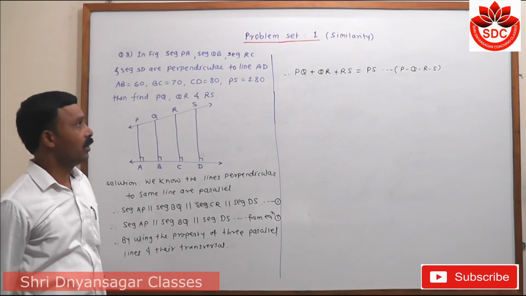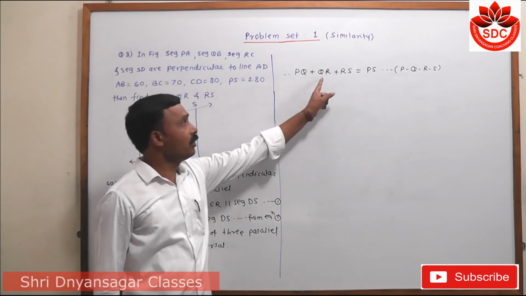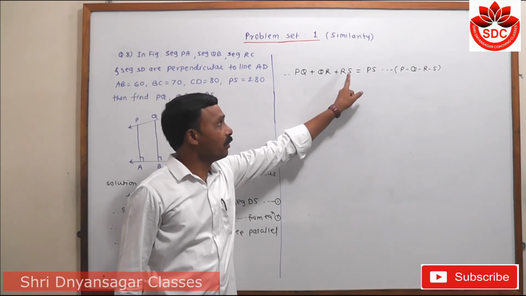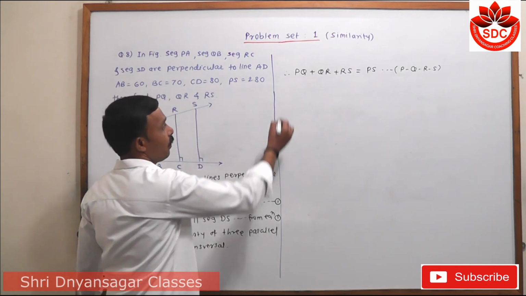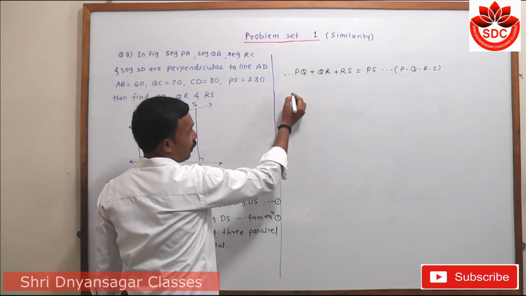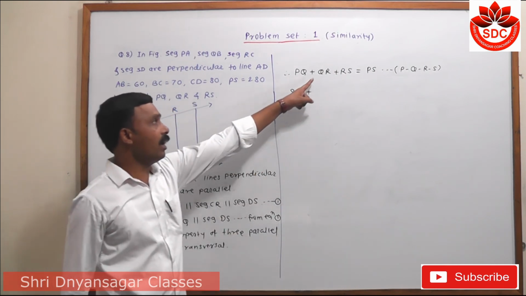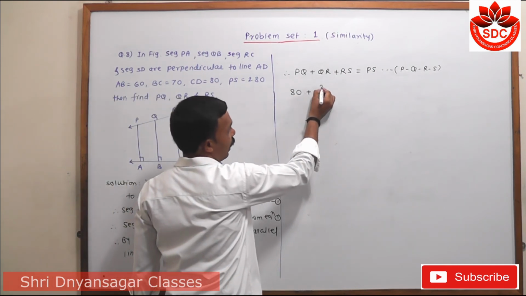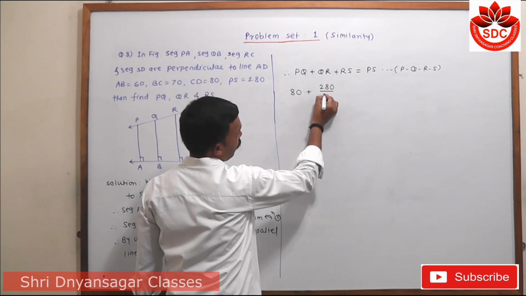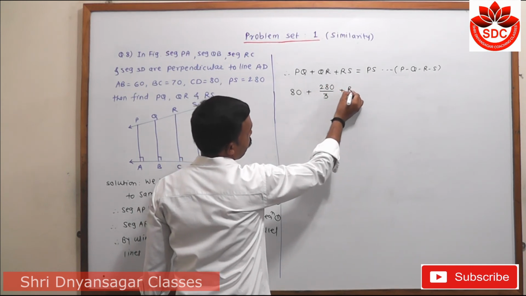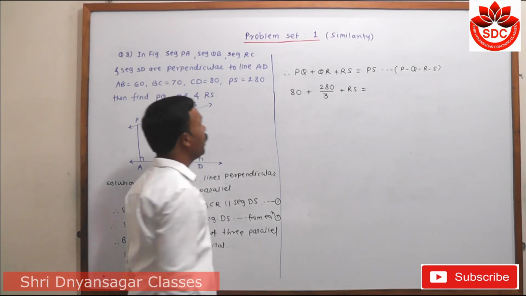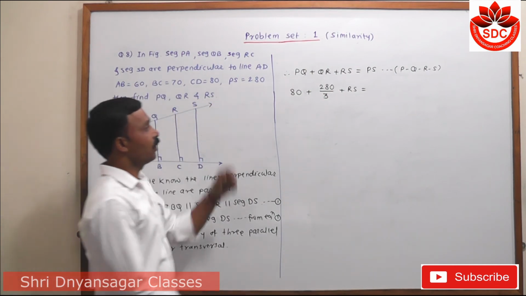Now student, we know the values of these two, and we have to find this value. PQ is 80 plus the value of QR is 280 upon 3 plus RS, which we have to find, and the value of PS is given here, 280.